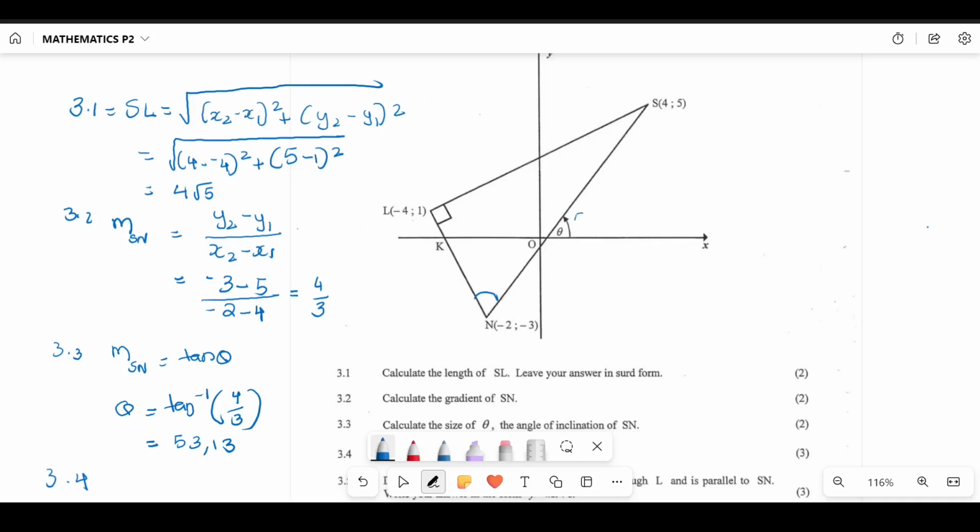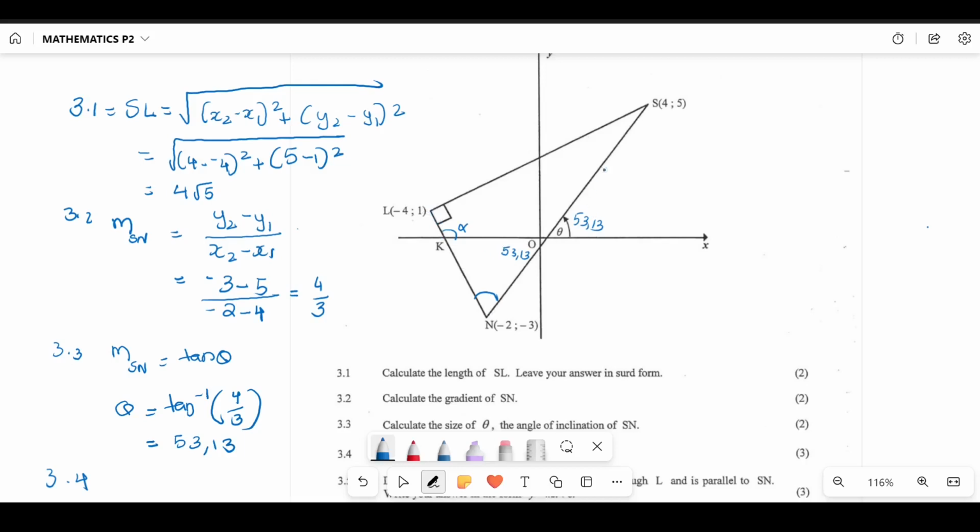Just now we found that this is 53,13. That means this angle is also 53,13, vertically opposite angles. Now we can find another angle of inclination here, which is the angle of inclination of LN. Let me call it alpha. You can mark alpha in your answer sheet. Now again the same formula, m equal to tan alpha, where m is the gradient of LN.